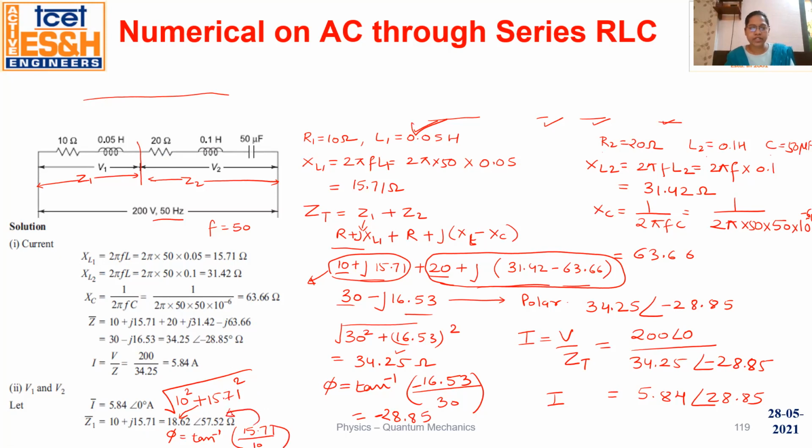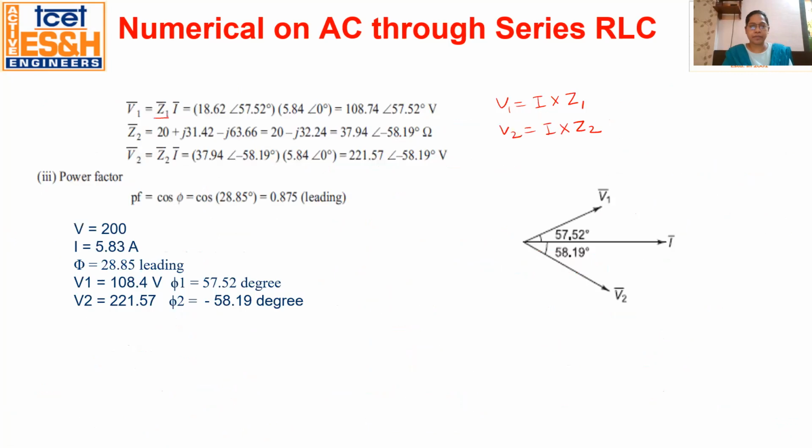This will give 57.52. So this is Z1. Z1 is multiplied by the current 5.84.